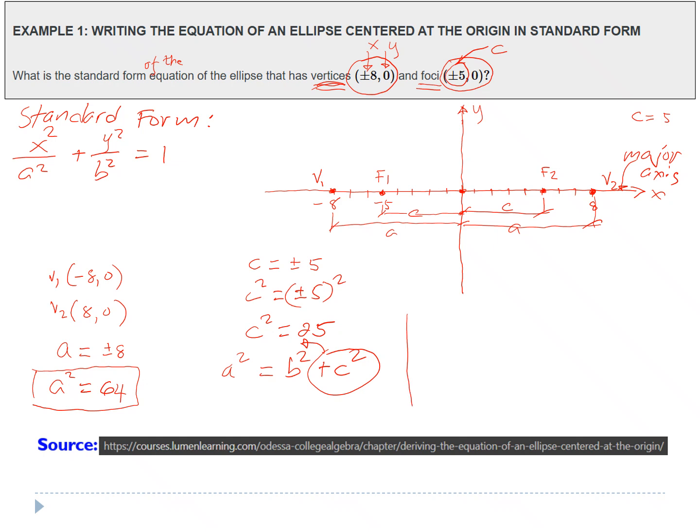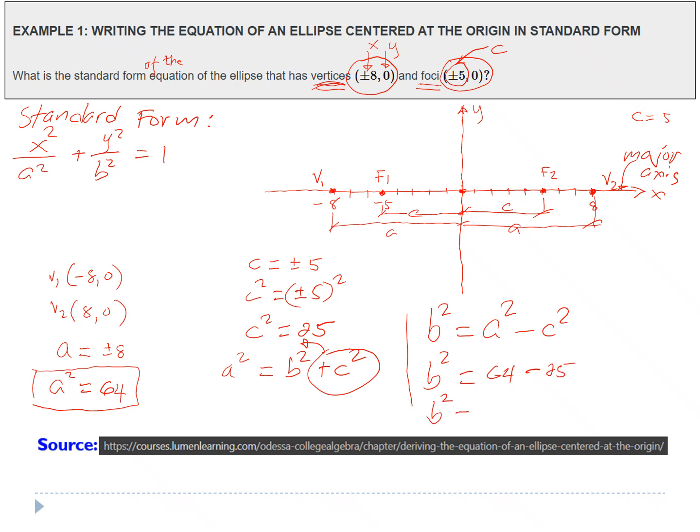Solving for b squared, you just transpose this to the other side. So we have b squared equal to a squared minus c squared. Substituting, b squared equal to a squared, which is 64, minus c squared, which is 25.